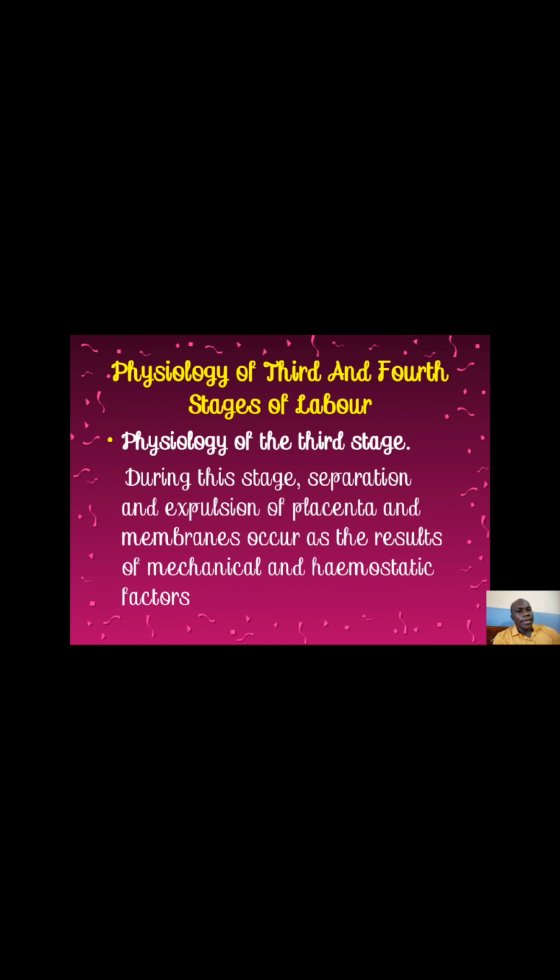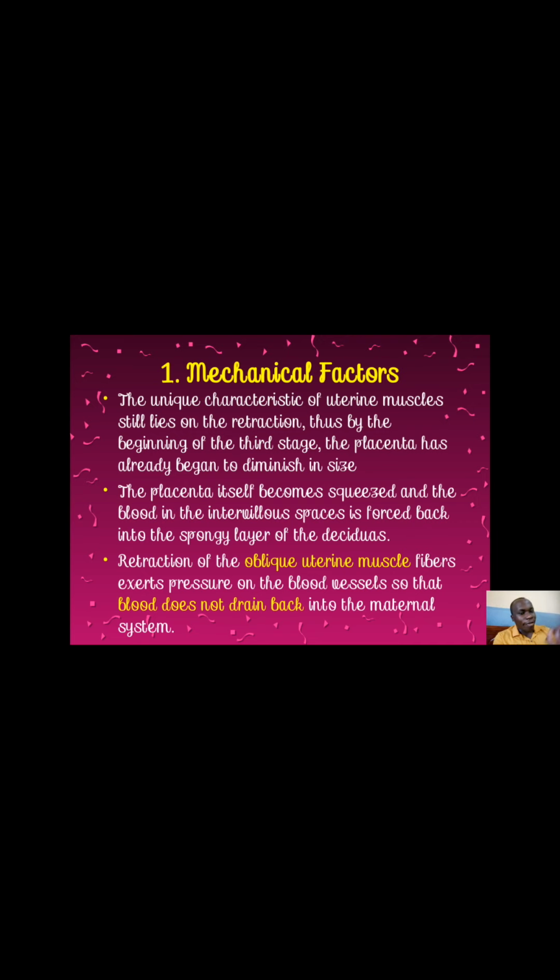Let us start with mechanical factors that accelerate the separation and expulsion of the placenta. The unique characteristic of uterine muscles lies in retraction. Thus, by the beginning of the third stage, the placenta has already begun to diminish in size.